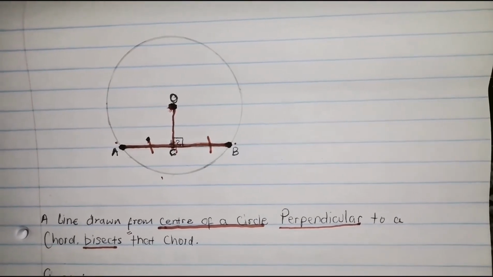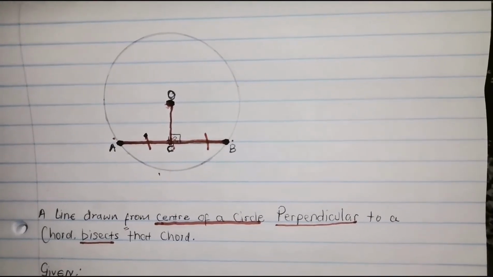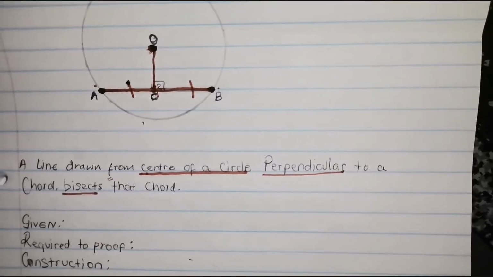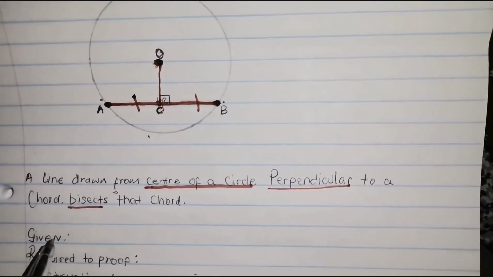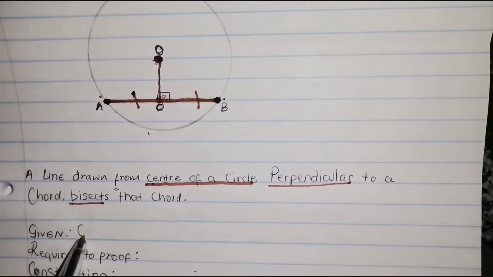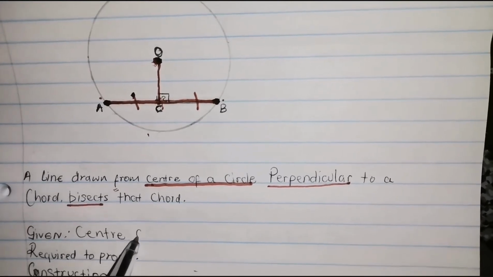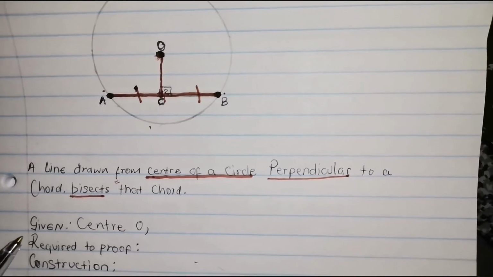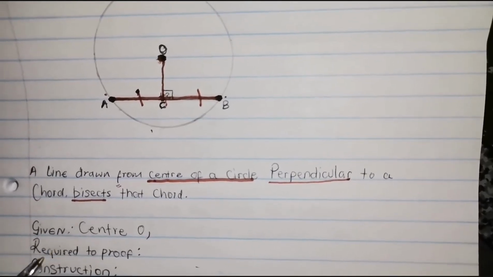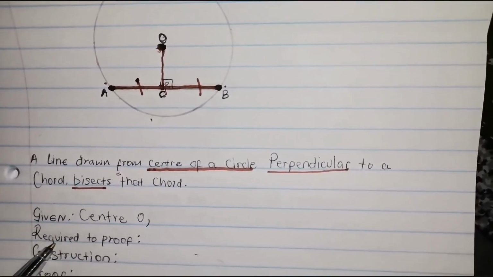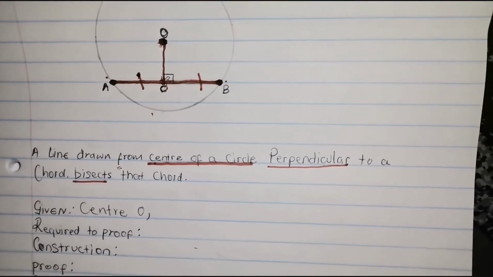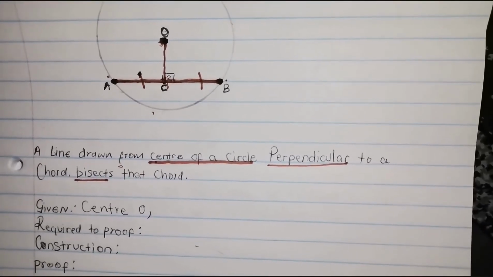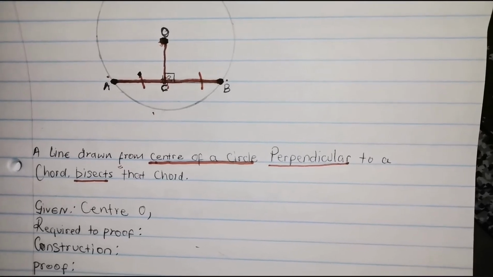Now guys, I hope you understand theorem number 1. We are given center O. Before anything, in circle geometry, when proving, we have 4 headings: we must label the given, the required to prove, the construction, and then we can do the proof.